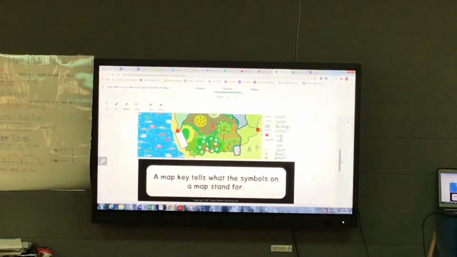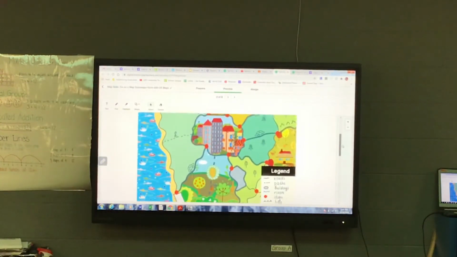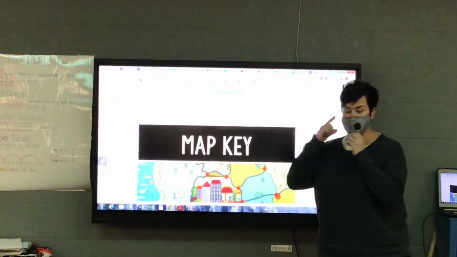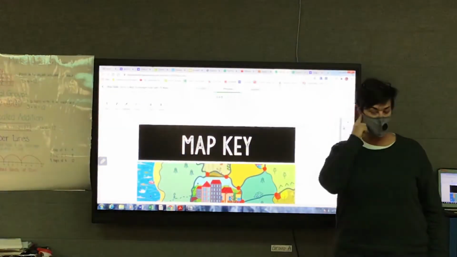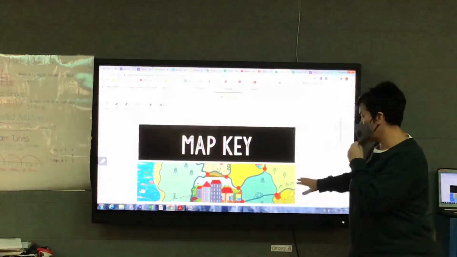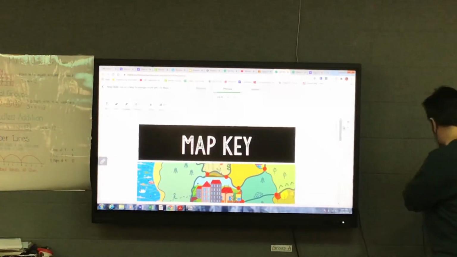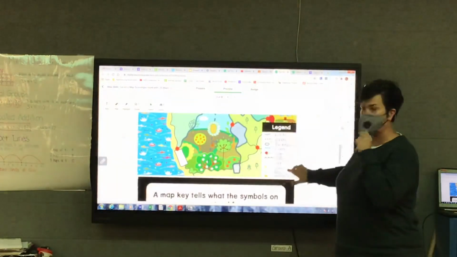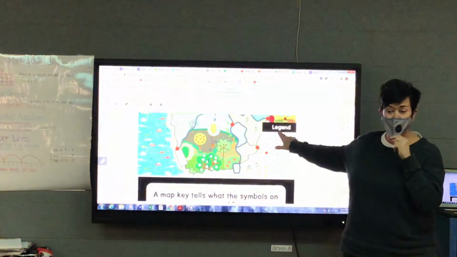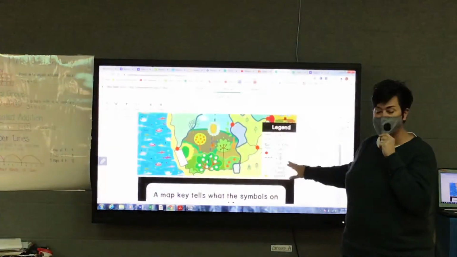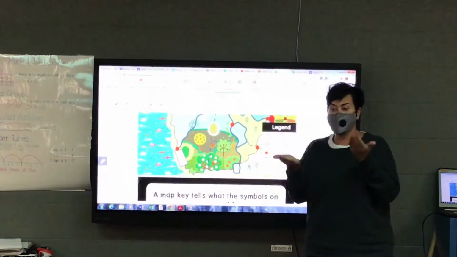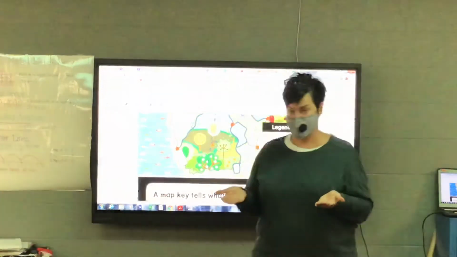No. So here's the thing. Some maps call this a legend, and some call it a map key. It's the same thing. They're synonyms. They mean the same thing on a map.